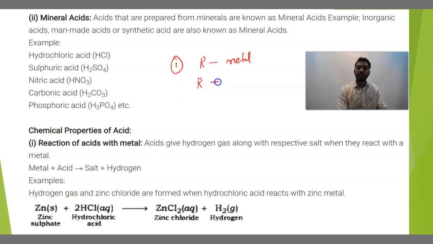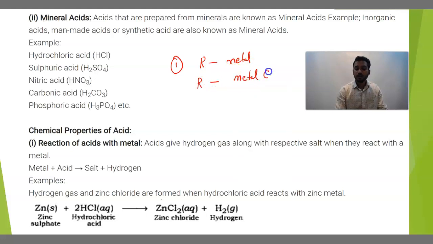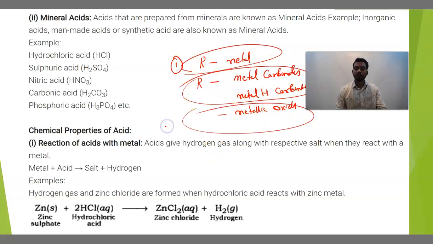Second, reaction of acids with metal carbonates and metal hydrogen carbonates. And reaction of acids with metallic oxides. So these are the different types. We are going to discuss them.